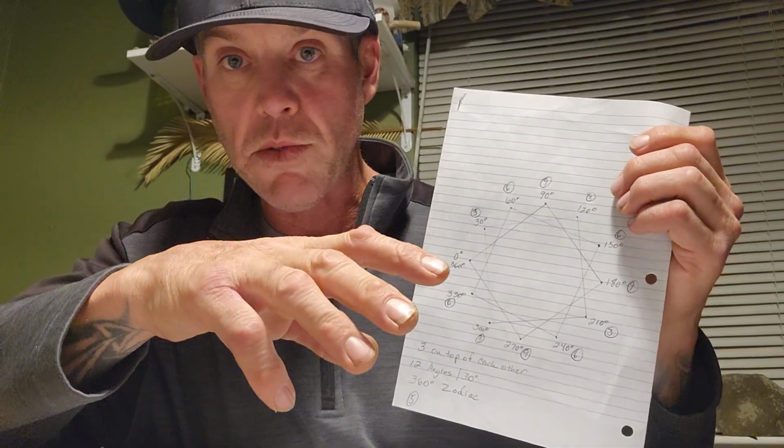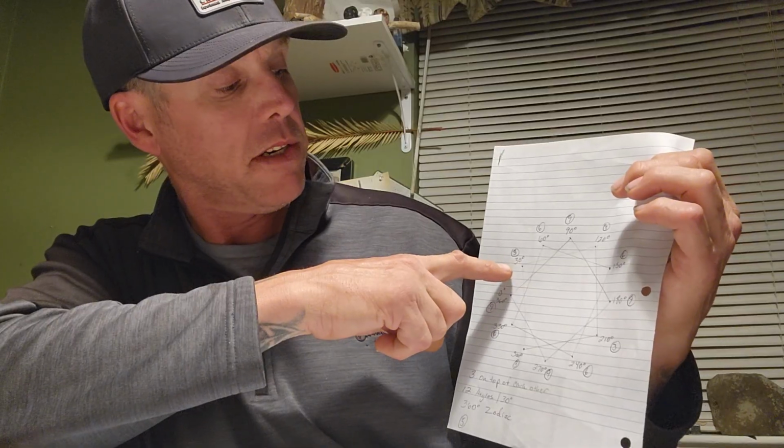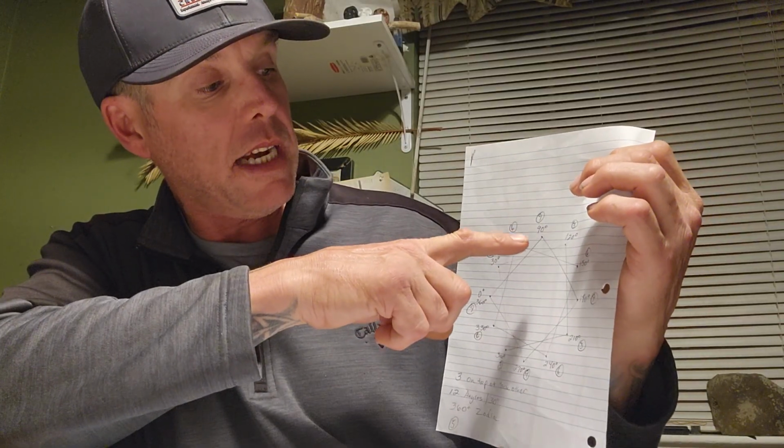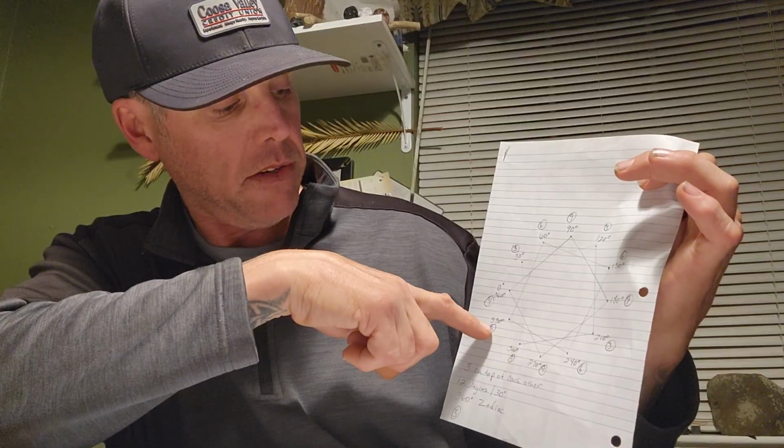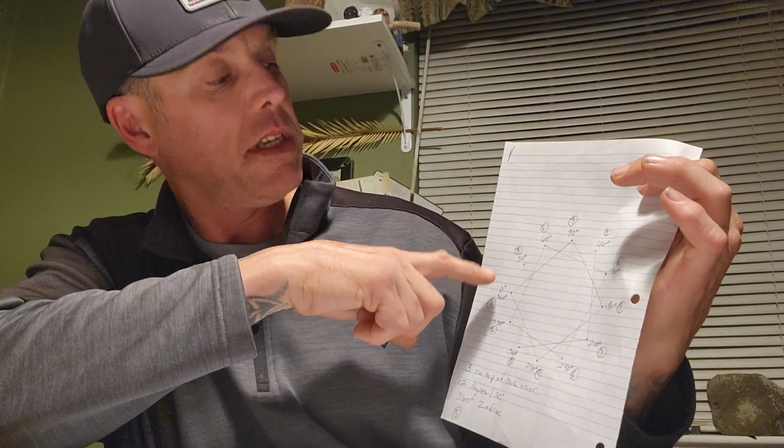That's a huge ritual number that they do. But when we're looking at 0 to 30 degrees, 60, 90, 120, 150, 180, 210, 240, 270, 300, 330, 360.